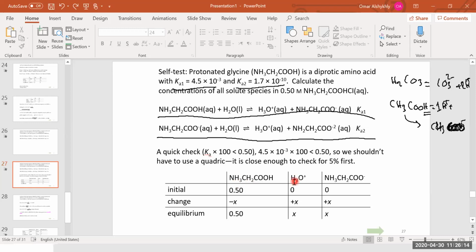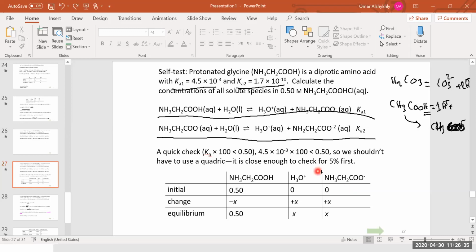Because H3O positive and NH3, I'm just looking at the formula here, guys. I think there is a mistake here.